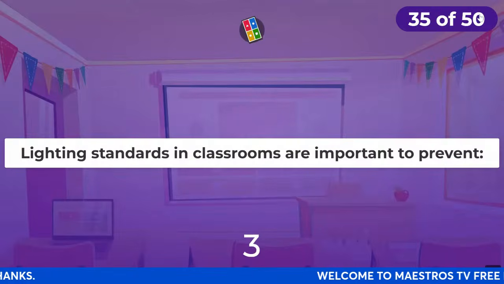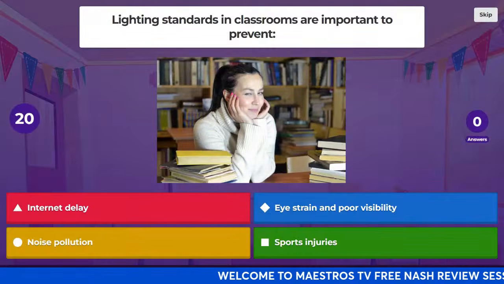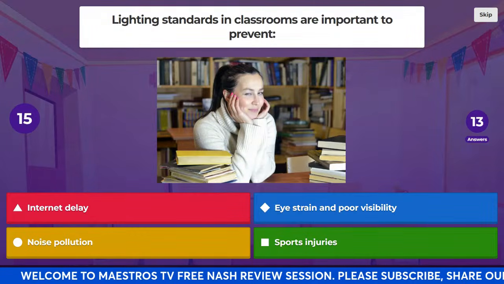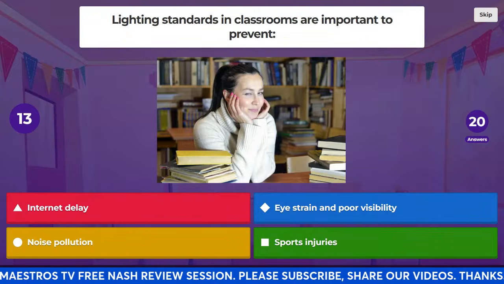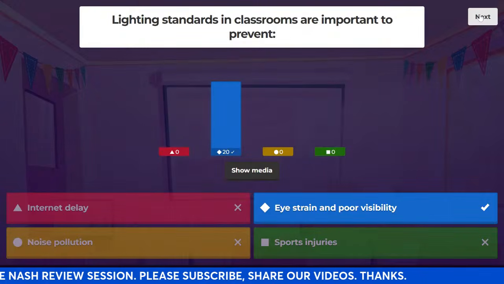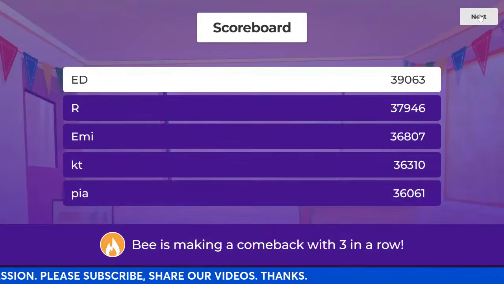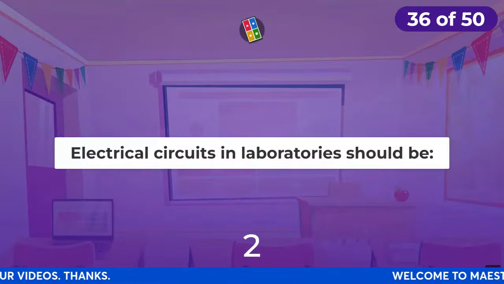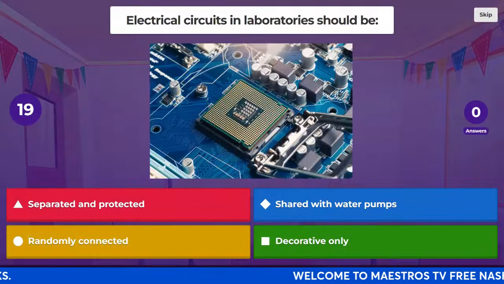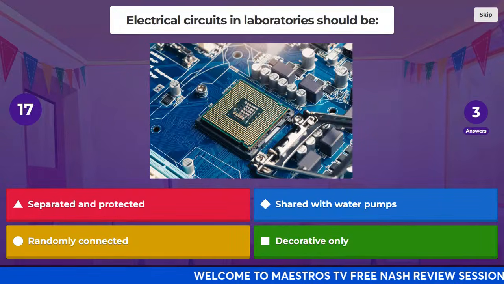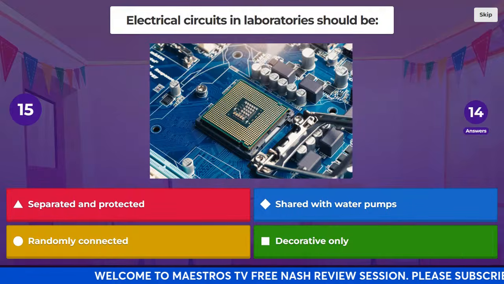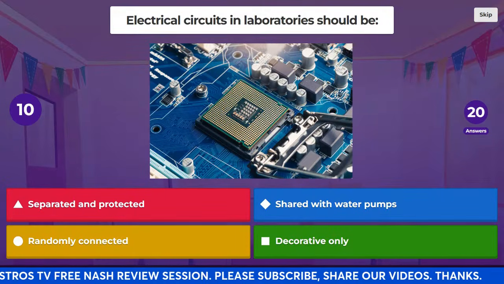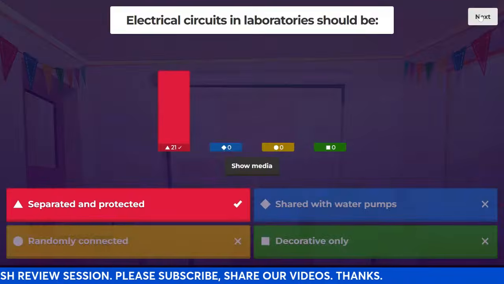Lighting standards in classrooms are important to prevent eye strain and poor visibility. Electrical circuits in laboratories should be separated.